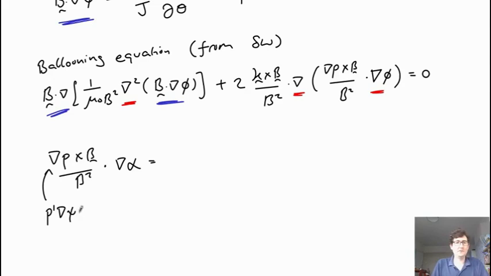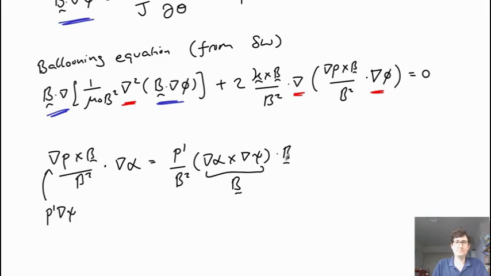So this is like a grad psi cross b dot grad alpha, and using the vector triple product, we have a p prime over b squared for these constants out here. Then this just becomes a grad alpha cross grad psi dotted with b. And now this is just b. This is the definition of our coordinate system.